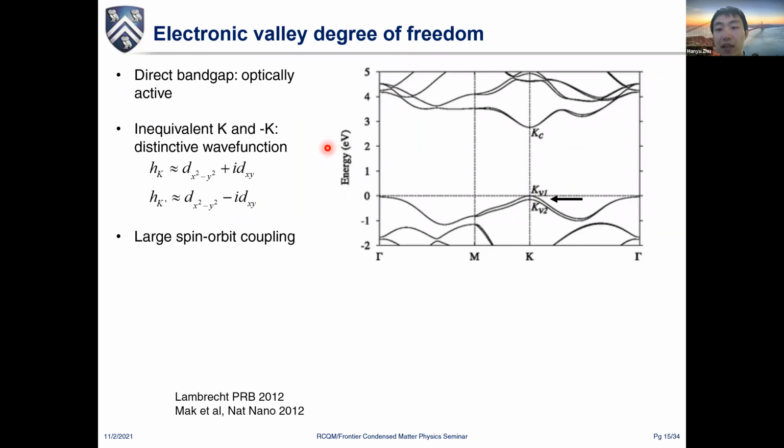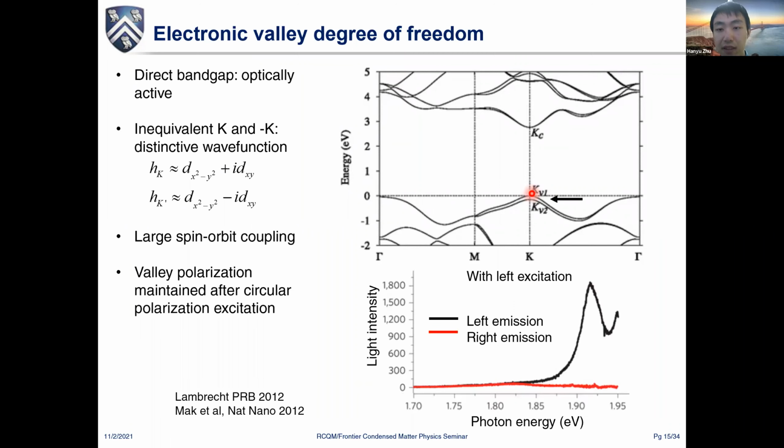So this type of property is pretty unique and generates a lot of interest by itself in these 2D materials, which is called valleytronics. So the idea is once you have optically injected holes, they will stay there and maintain a so-called valley polarization, presumably indefinitely, as long as the carriers are still alive.